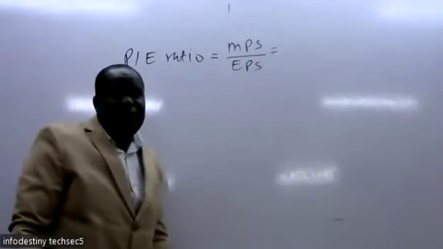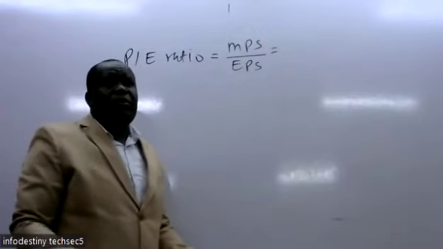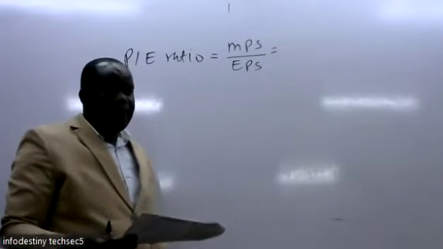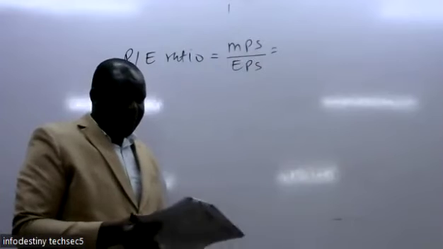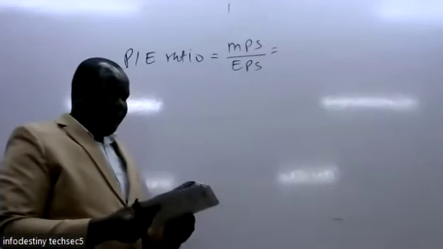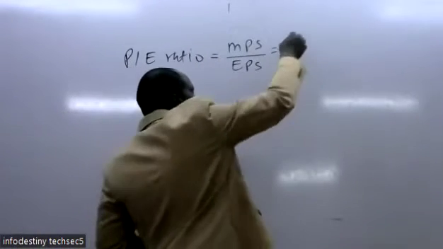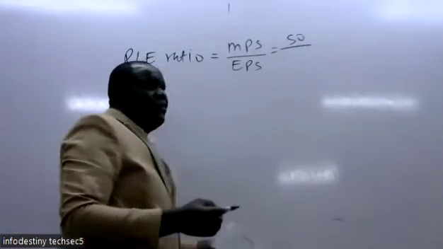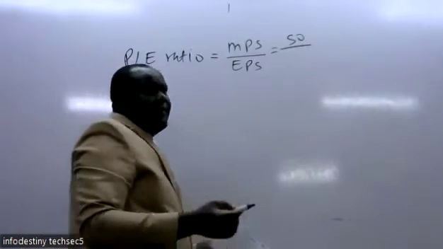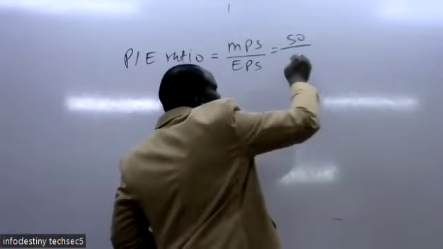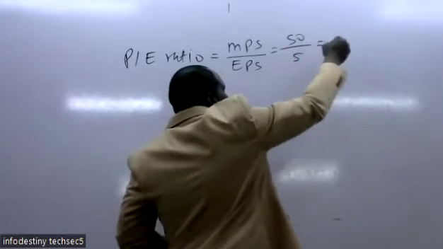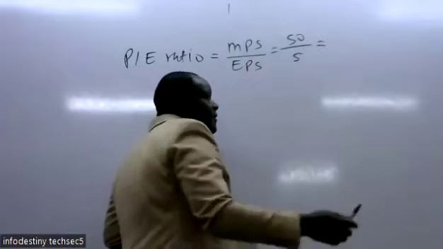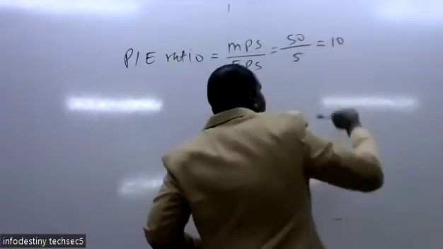We are calculating for Chilulu. Before, what was the market price per share for Chilulu? It was 50. Then you divide by the earning per share, which was 5. When we divide, we get a value of 10.